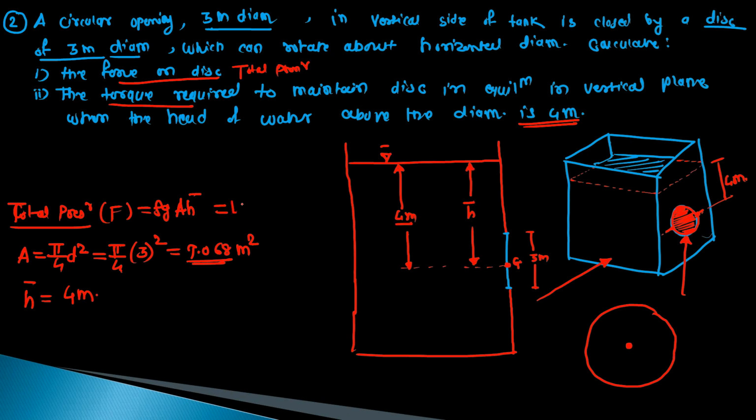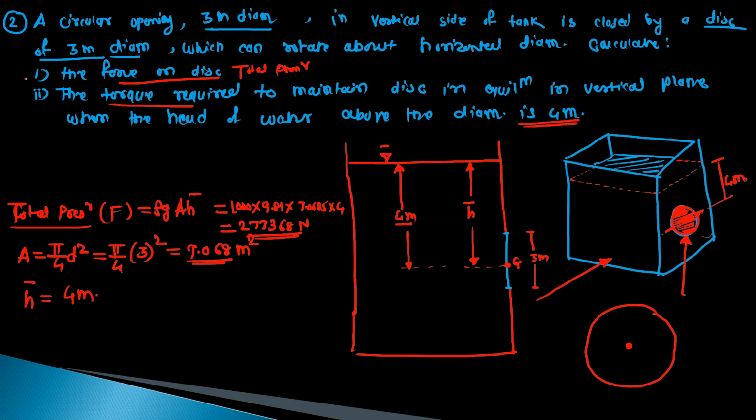So put this value in this equation: 1000 into 9.81 into area 7.0685 into 4 meter. So you will get the answer 2,77,368 Newton.